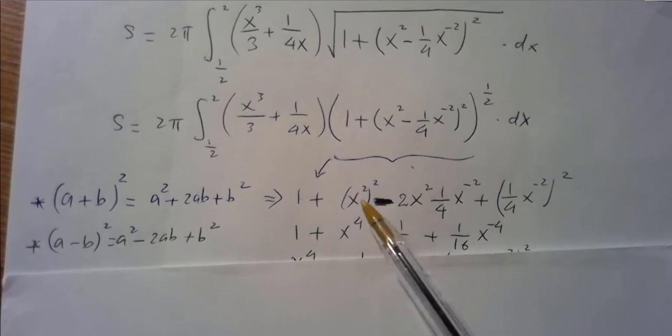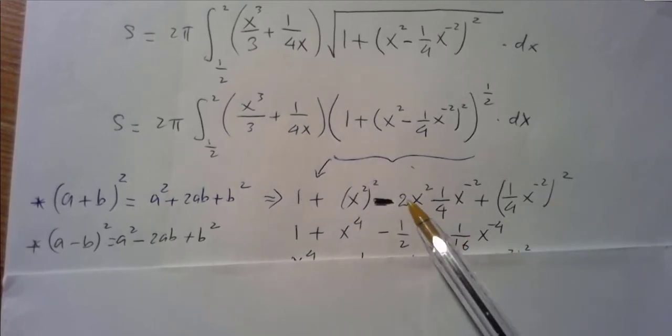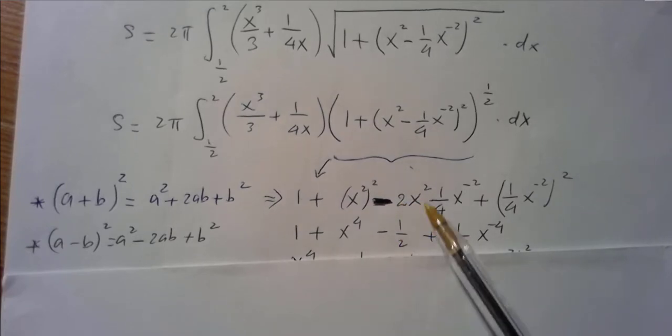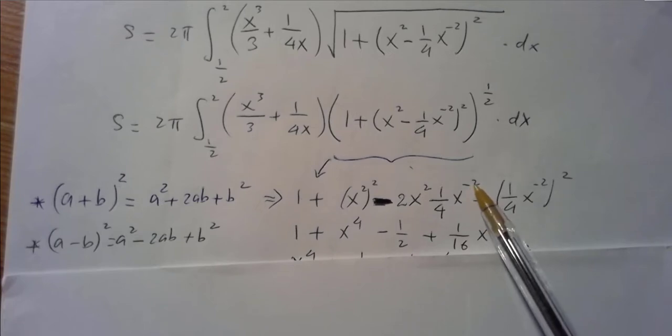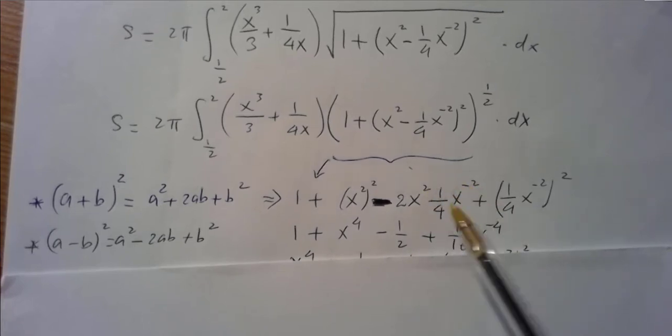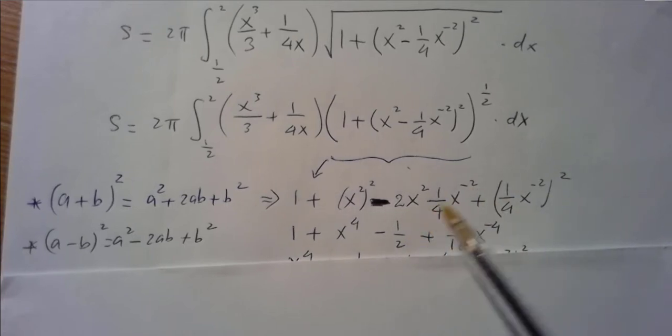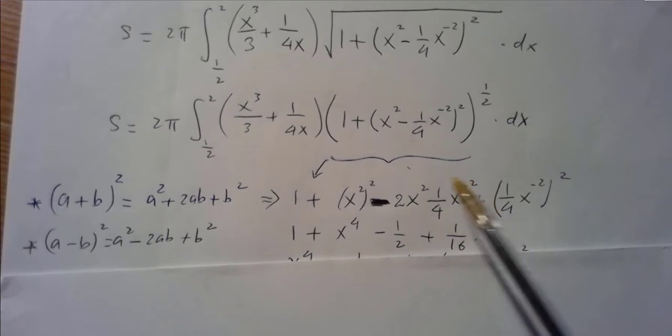Simplify it. x square gives me x to the 4th. Now the 2 and the 4 cancel, so I get 1/2 x to the square and minus, so you add the power. 2 minus 2 is 0, so x to the 0 is just 1, so nothing for the x now. So 1/2 for this middle term.